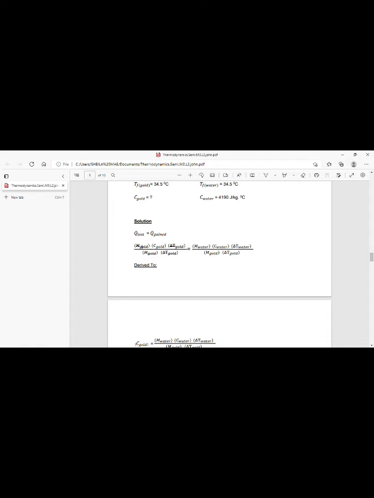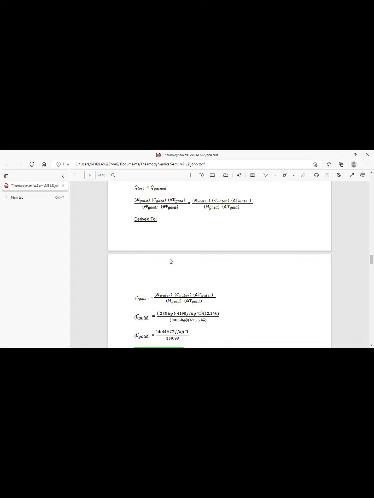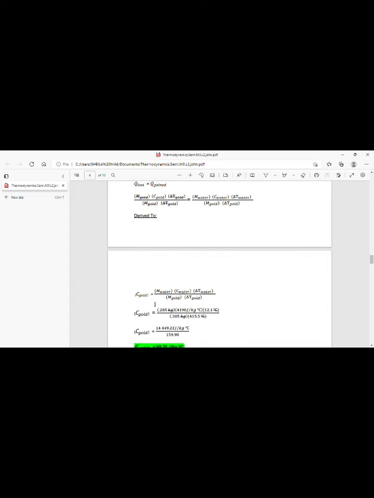So we cancel out the mass of gold and the change in temperature of gold. The mass of gold and delta T of gold will remain in the denominator because there will be no cancellation. We derive it into: specific heat of gold is equal to mass of water times specific heat of water times the change in temperature of water, over the mass of gold times delta T of gold.